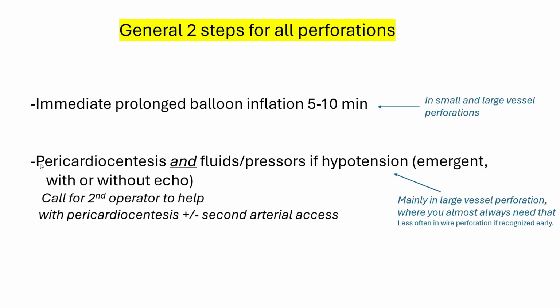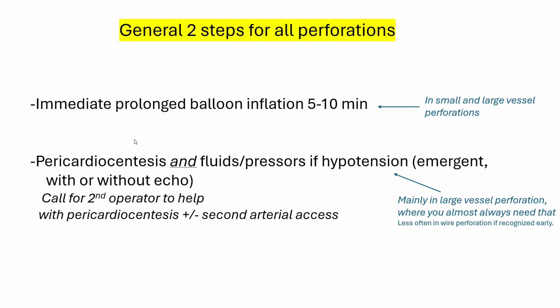And a second big step that is simultaneous to number one is pericardiocentesis and fluid and pressors, but this one only if there is hypotension, which is typically the case in large vessel perforation, where you almost always need pericardiocentesis and fluid and pressors. It is less often needed in wire perforation, small vessel perforation, but it would be needed in large wire perforations, or if that wire perforation is not recognized early on.